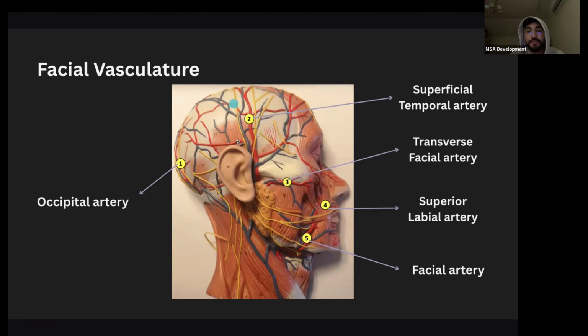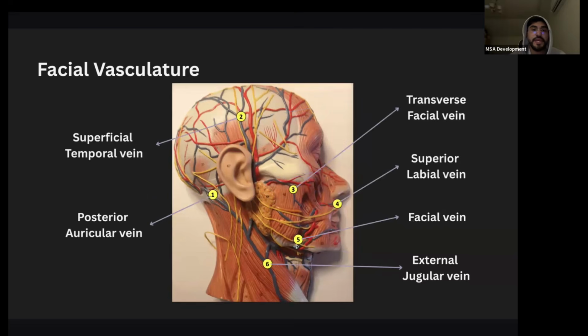Then this is where your temporal bone is, and here you're going to have your superficial temporal artery. Then right here, so this is your parotid, okay, and right here is the transverse facial artery, and then this is the superior labial artery, and this is the facial artery right here as well. Okay, very important that you know these.